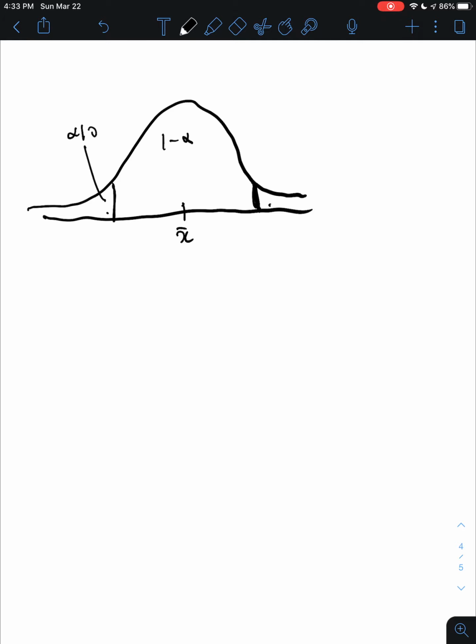And that means, since the tails are symmetric, there's alpha over 2 in each of these tails. Now, if alpha is 5%, the significance of 5%, that corresponds to 1 minus alpha of 95%.